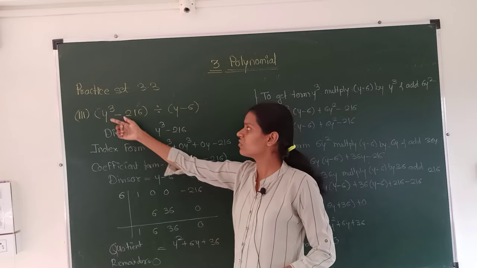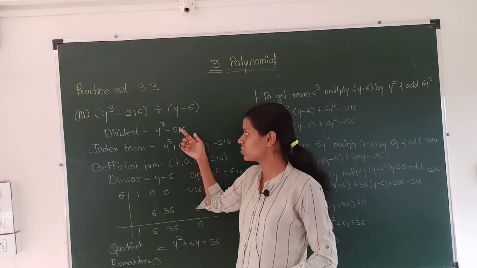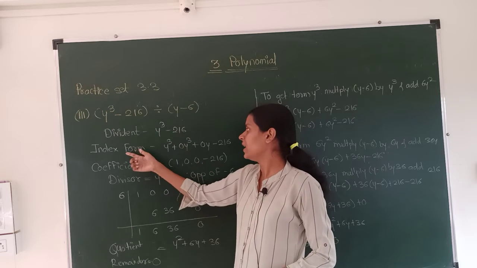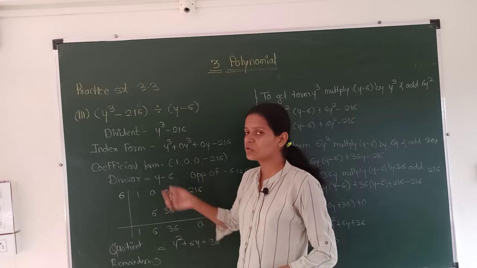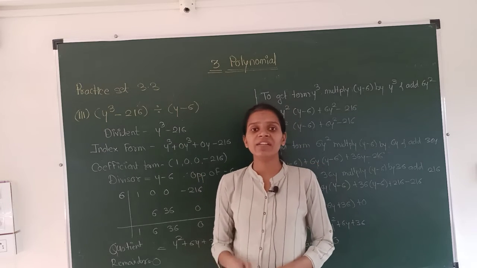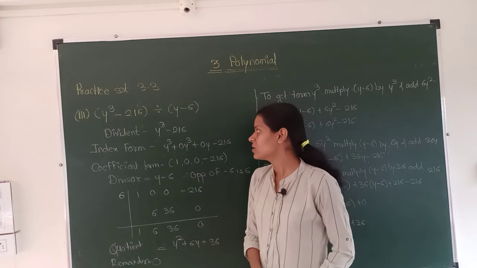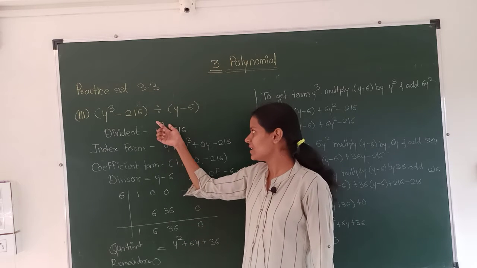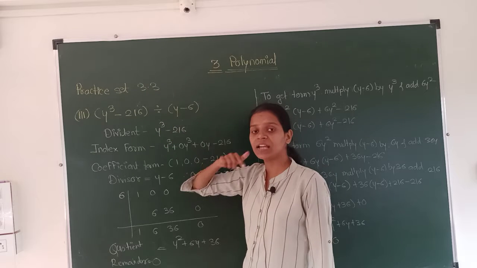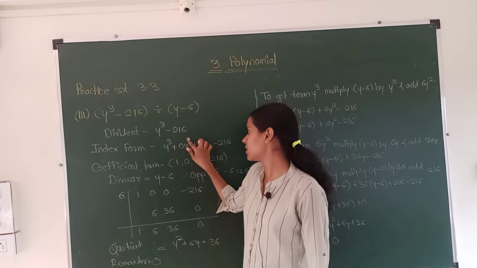Here the dividend is y raised to 3 minus 216. Index form is what? When we write powers in the descending order, it is called index form. So the index form is y raised to 3. Power is 3, then next the power must be 2.